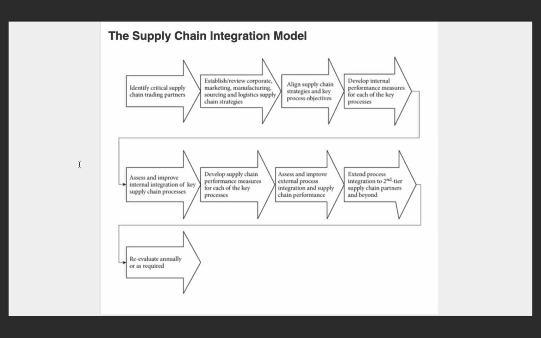It's a nice flow chart, and I'm going to talk more in depth about each one, but it shows you the order: first you need to identify critical supply chain trading partners, establish sourcing, logistics, and supply chain strategies, align these strategies and key process objectives, develop internal performance measures for each of the key processes, assess and improve internal integration of key supply chain processes, develop supply chain performance measures, assess and improve external process integration and supply chain performance, extend process integration to two-tier supply chain partners and beyond, and also reevaluate annually or as required.